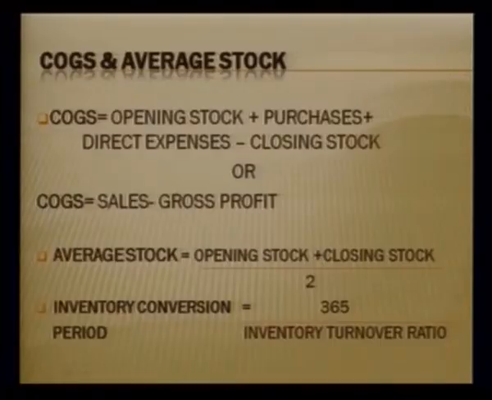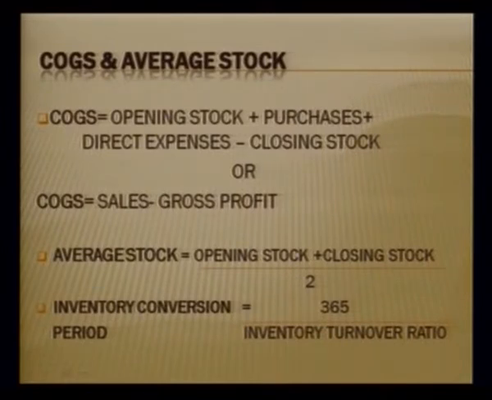From the debit side of the trading account, it is opening stock plus direct expenses plus purchases, minus the closing stock. Similarly, from the credit side of the trading account, it is simply the total net sales minus gross profit. Either of the two will give the same value, whether you go by the debit side or the credit side.